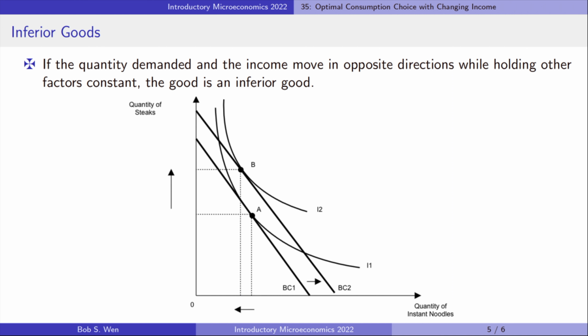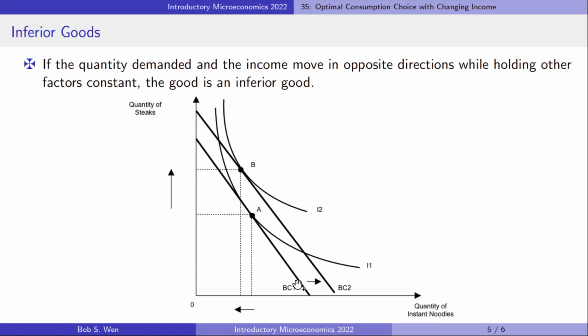But it is possible that the demand for a good falls when the income increases. If the demand for a good and the income move in opposite directions, while holding other factors constant, then the good is called an inferior good. As the graph shows, instant noodles are inferior goods.